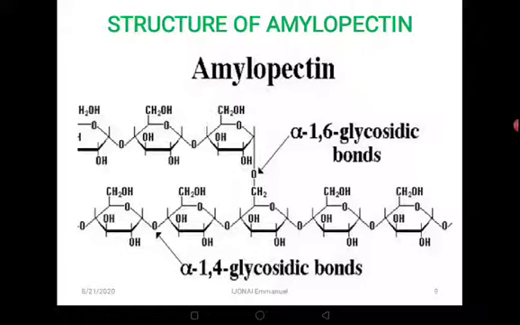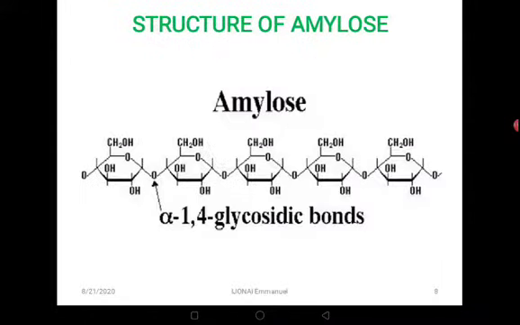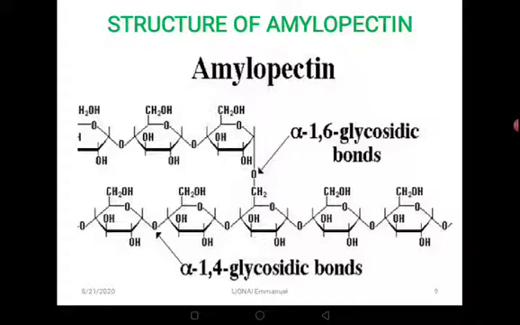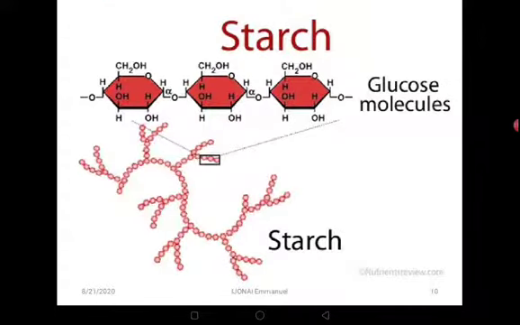That is the 1,6 glycosidic bond. Then in the case of 1,4, a bond between carbon 1 of one alpha glucose and carbon 4 of the adjacent glucose molecule. So you can see the differences between amylose and amylopectin.